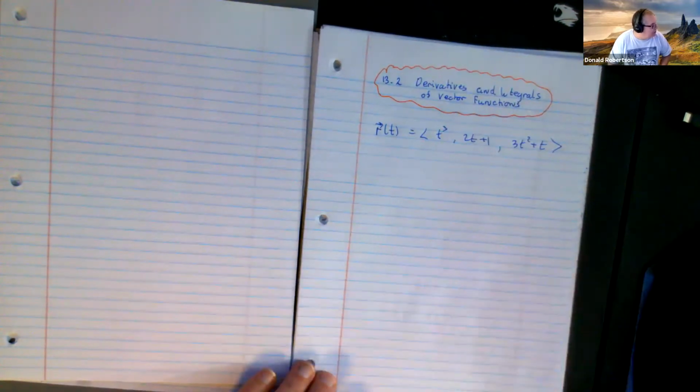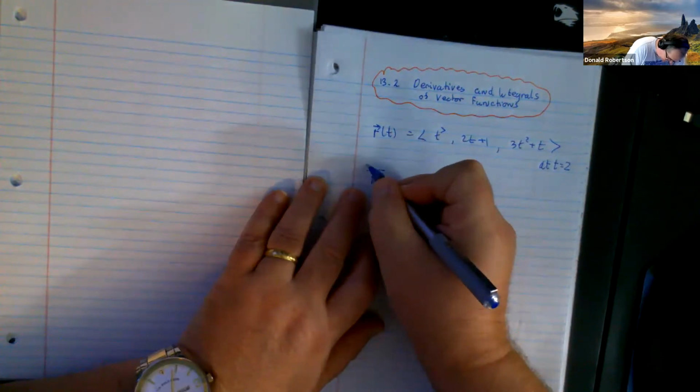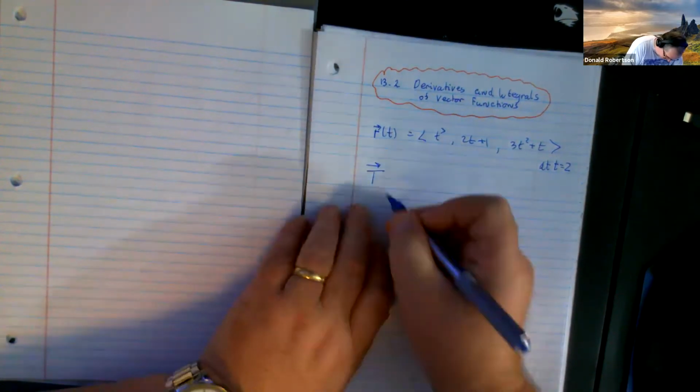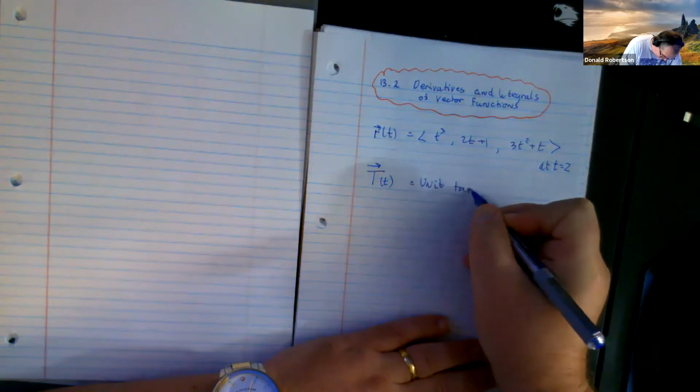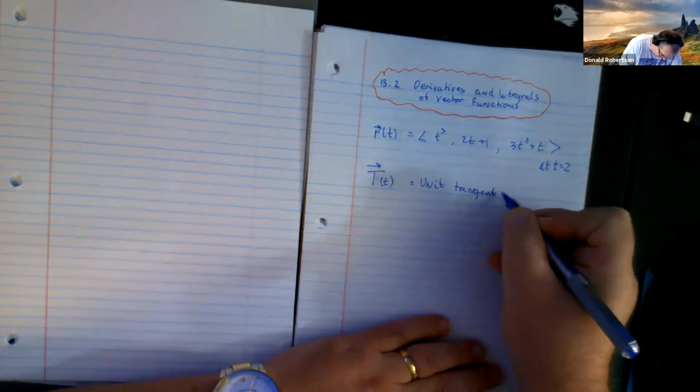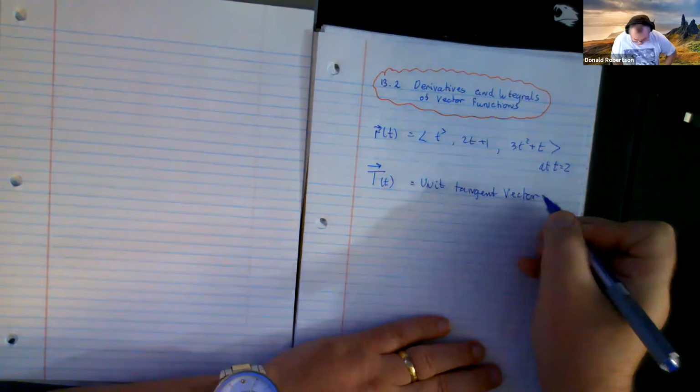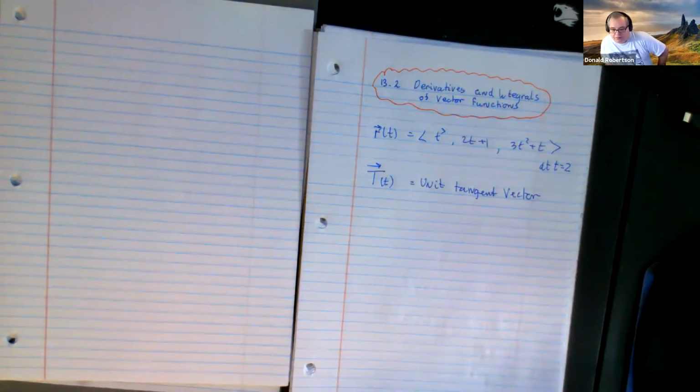And I would like to know, at t equals 2, a vector called the unit tangent vector. Very often it's just called the tangent vector, or T.